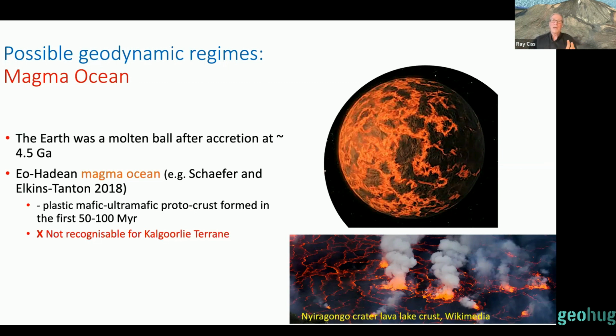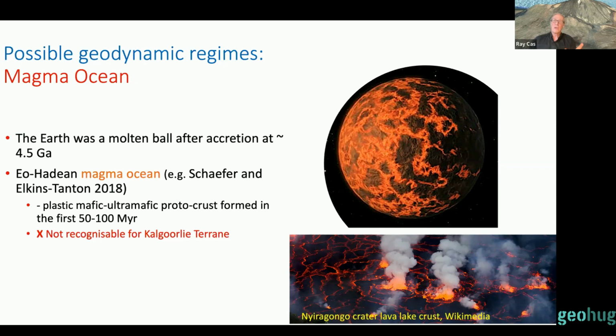Now, there is no preserved record of this original crustal shell in the Kalgoorlie Terrane, and as far as I know, in the Yilgarn Craton.